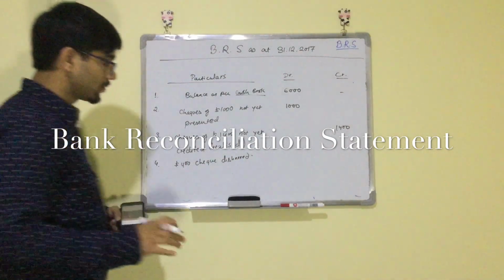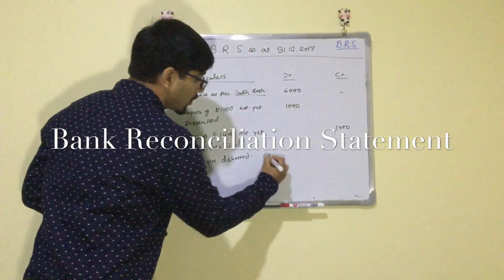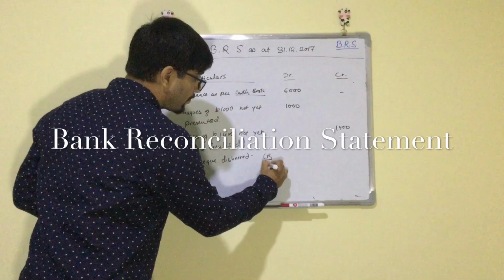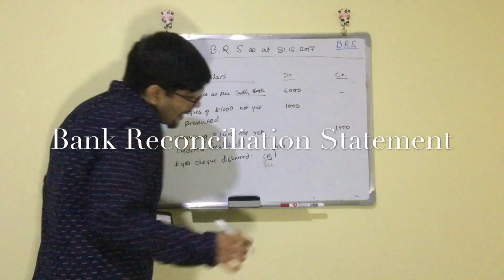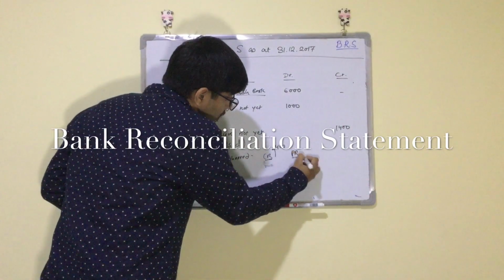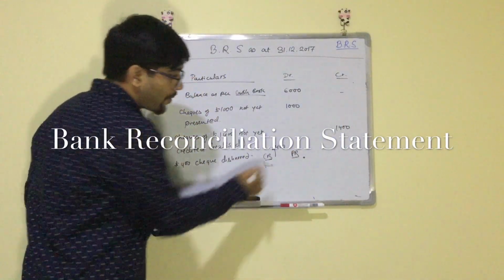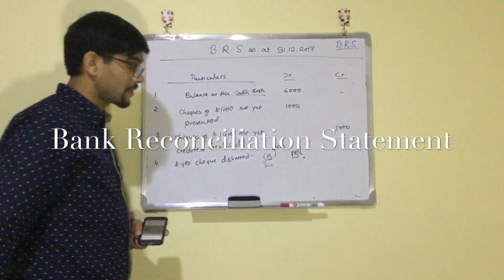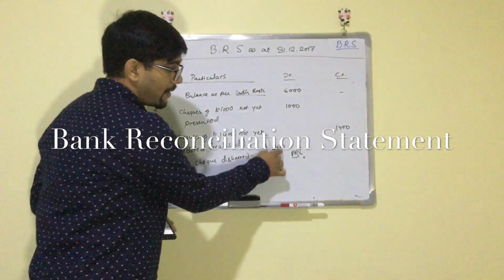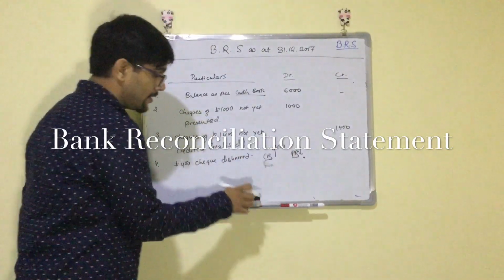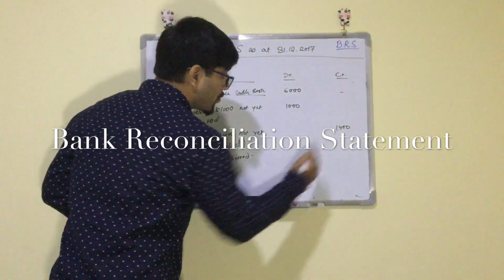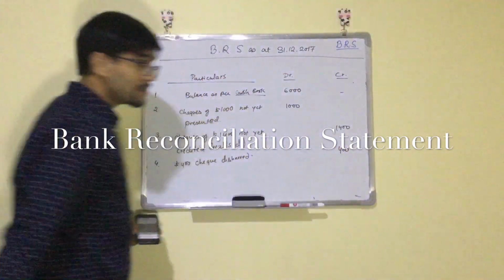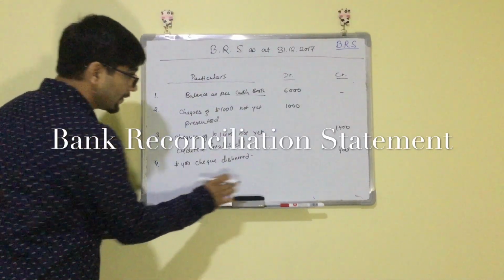We didn't know. As per cash book, we have increased $400. The bank has not increased anything. We don't know about it. We need to reduce our cash book balance by $400 in order to reach the passbook balance. So I'm going to credit 400 because negative means credit.